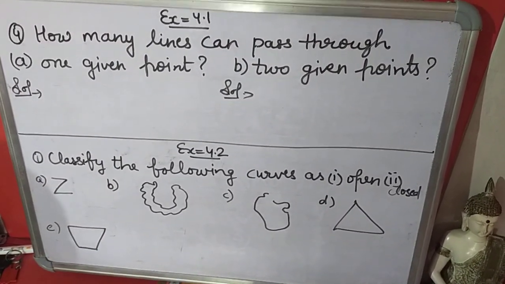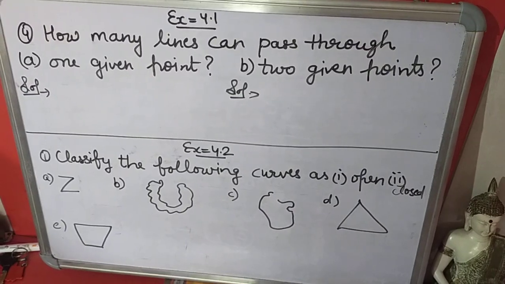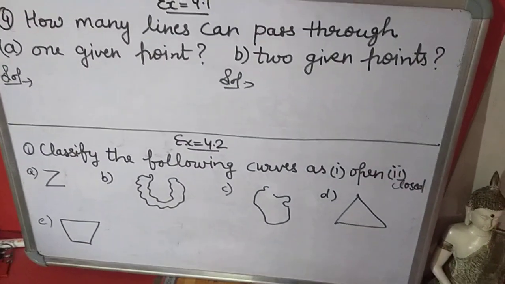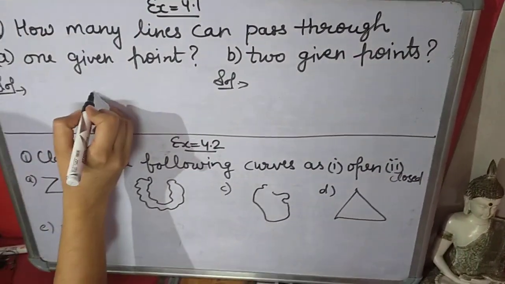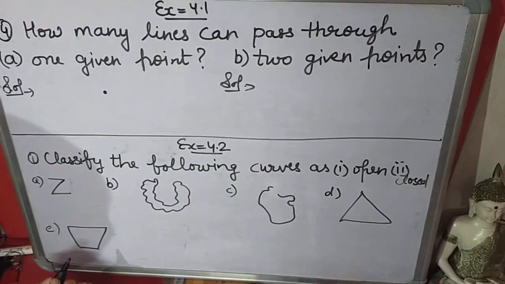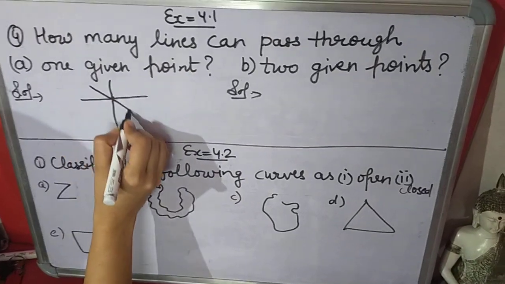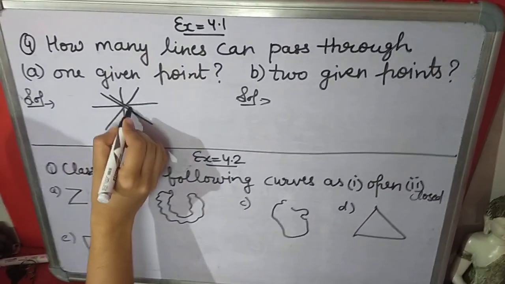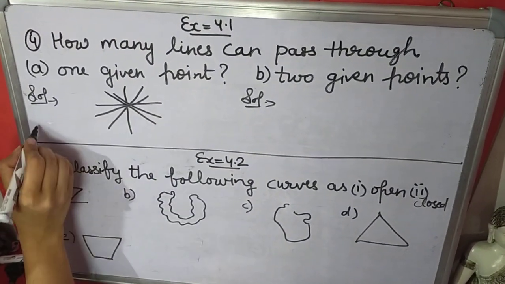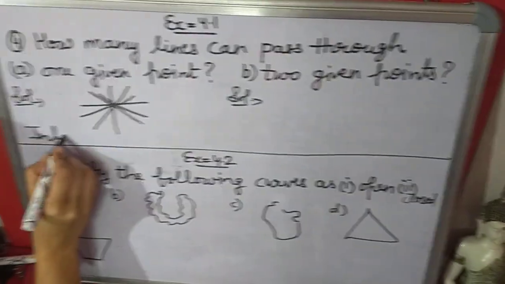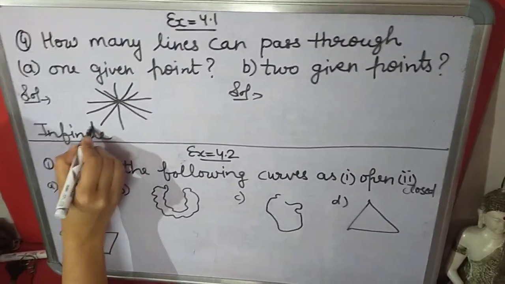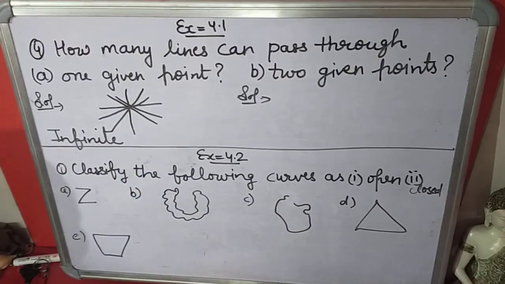So the fourth question is, how many lines can pass through one given point? If one point is given, how many lines can pass through it? Its answer is infinite. Through one point, infinite lines can pass.